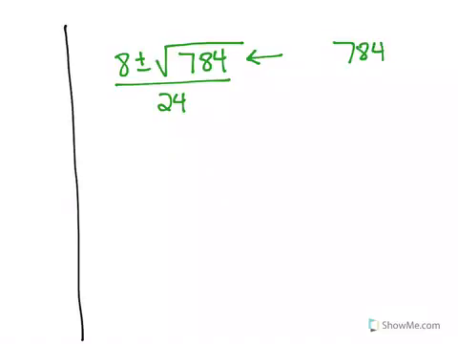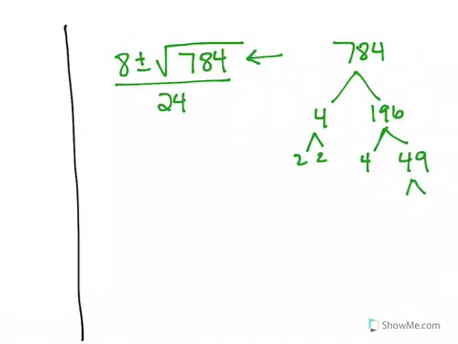784. The factors of this are 4 and 196. Of course, you can use a calculator to figure these out if you don't know them. 4 goes down to 2 and 2. 196 goes down to 4 and 49.